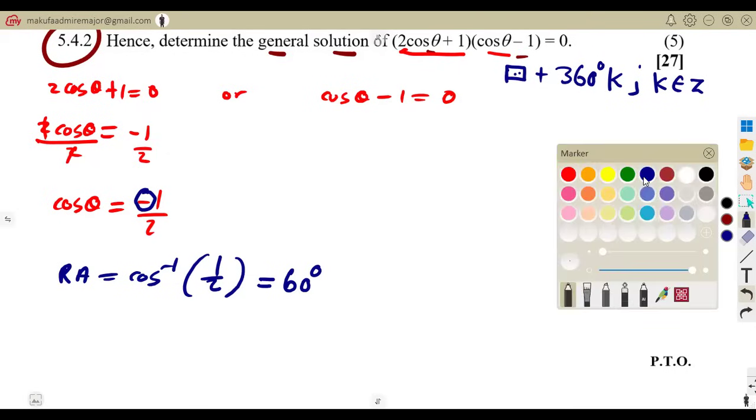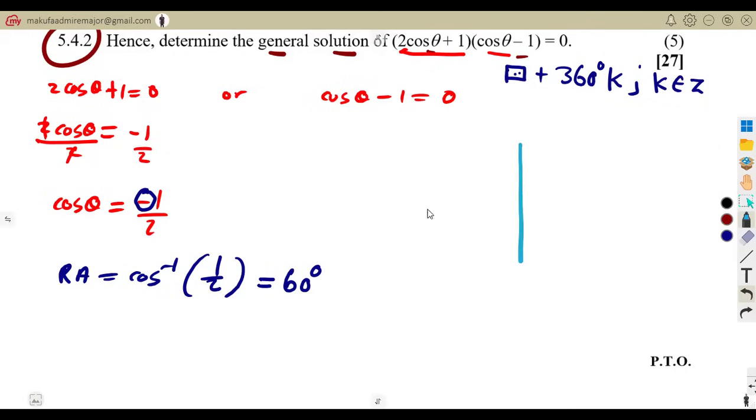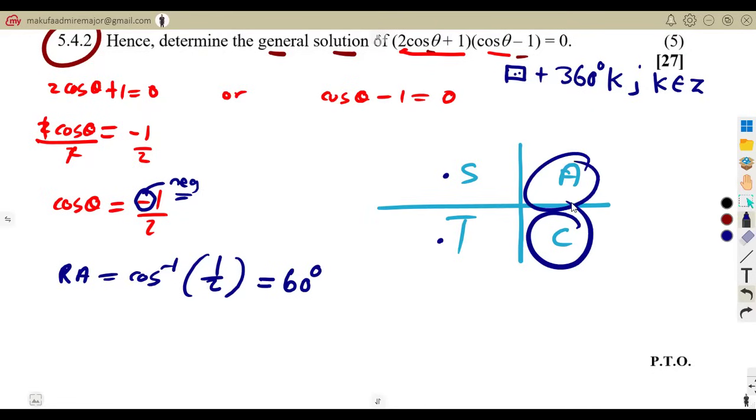That's where the quadrants play a role to say which quadrant, from the CAST concept, where we have cos being negative. Where is cos negative? In the second and in the third quadrant, because in the fourth and the first one, cos is positive there.